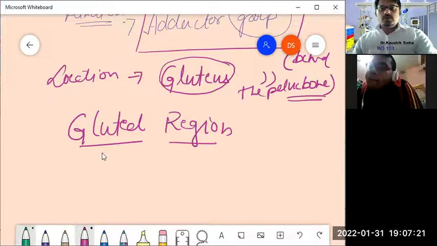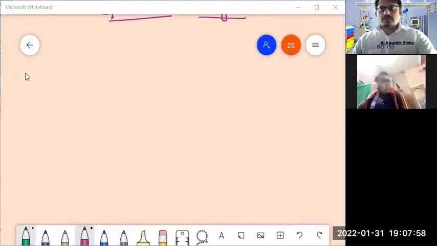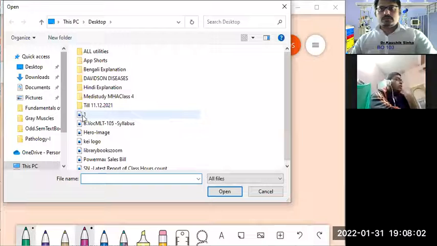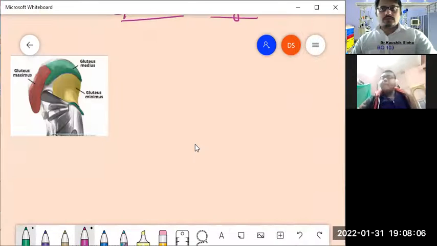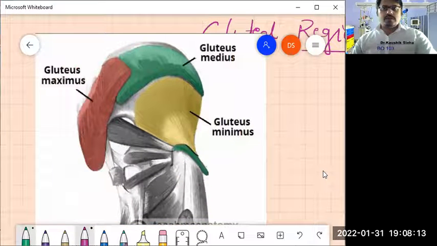So in this gluteal region, let me bring a diagram onto this screen, which will be helpful to understand the gluteus muscle. First comes the orientation part.